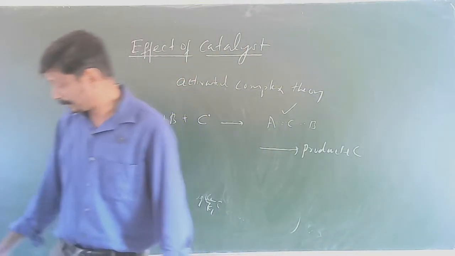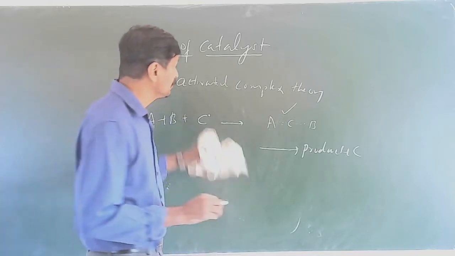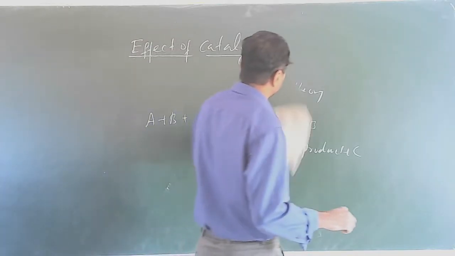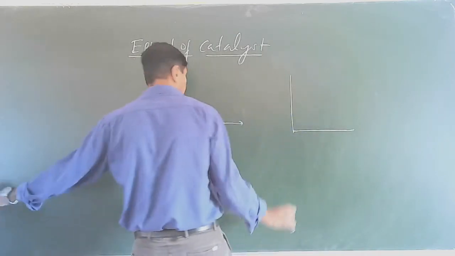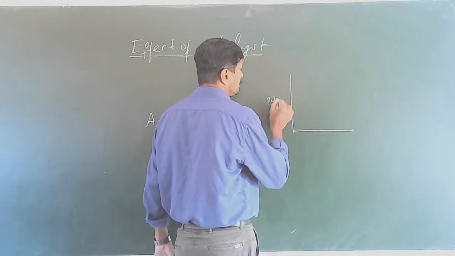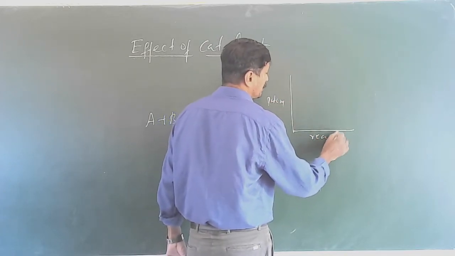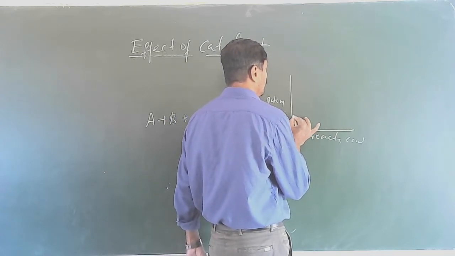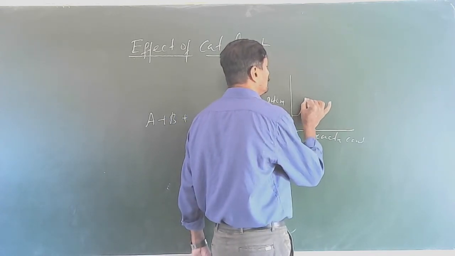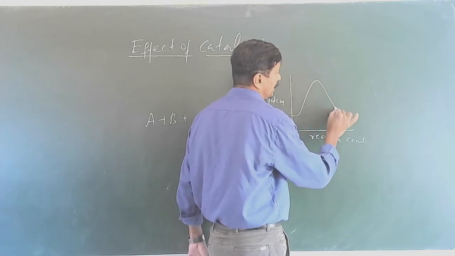So here, how do you explain the effect of catalyst? According to this theory, you know the potential energy diagram you have drawn. The potential energy and reaction coordinate. In the absence of catalyst, the reaction goes like this.